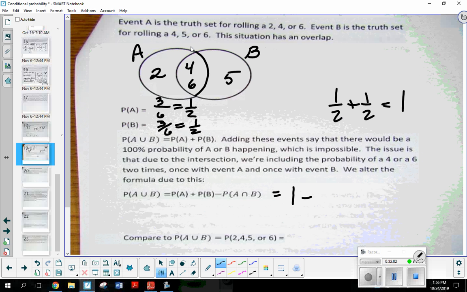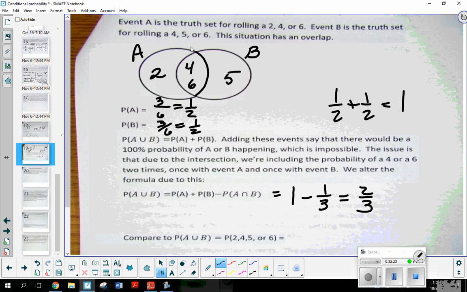Well, what's the probability of rolling either a 4 or a 6? 2 out of 6. So 2/6 is 1/3, right? So what's 1 minus a third? 2/3. Now compare this to the probability of the union.